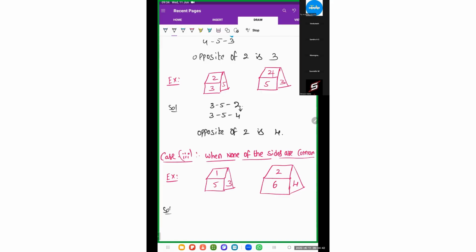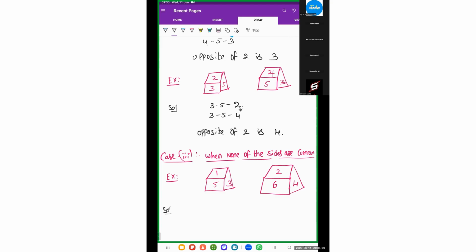Now here you see in the first figure. First of all, identify. Is any one side common here? No, sir. No common side is there. Any two sides common? No. That is also not satisfied. Then what is the other possibility? We know the definitions of standard and ordinary dice.